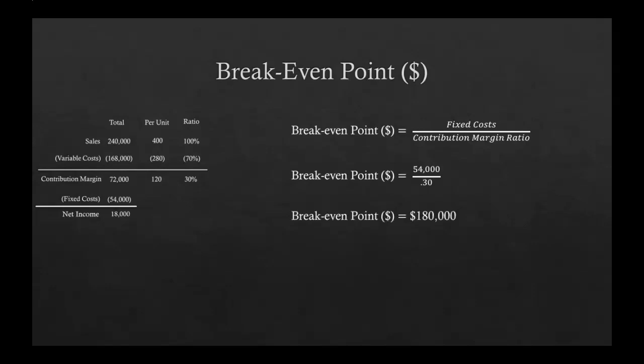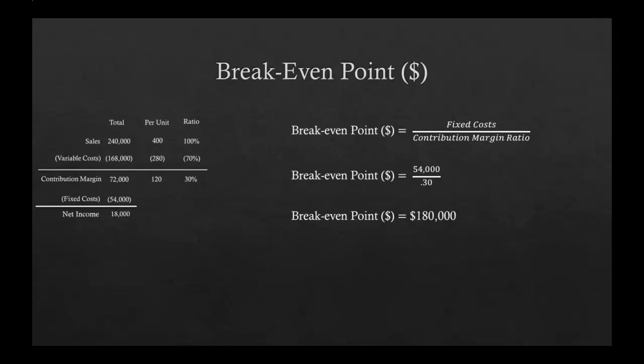And then our break-even point in dollars will be $180,000. So the fixed cost amount, that was given at the start of the problem, along with our unit selling price, our unit variable cost, and our number of units sold.